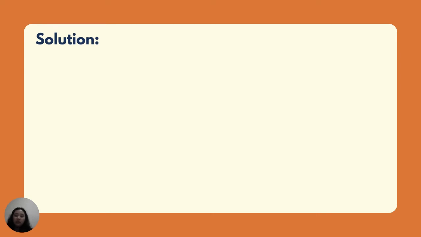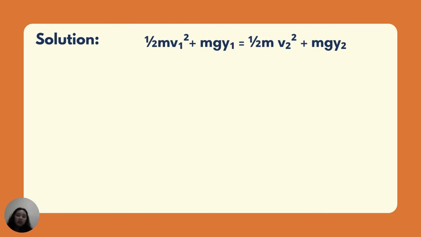Since no external force is doing work on the system, the mechanical energy of the snowball will remain conserved during the course of motion. After using the principle of conservation of mechanical energy, we get the following equation, which is 1/2 mv1 squared plus mgy1 is equal to 1/2 mv2 squared plus mgy2.